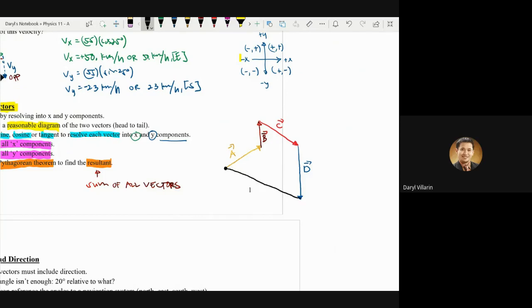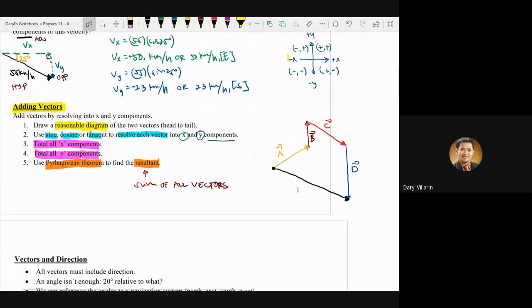So therefore, the direction is going to there.